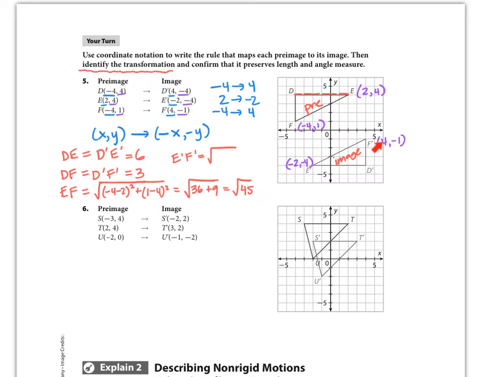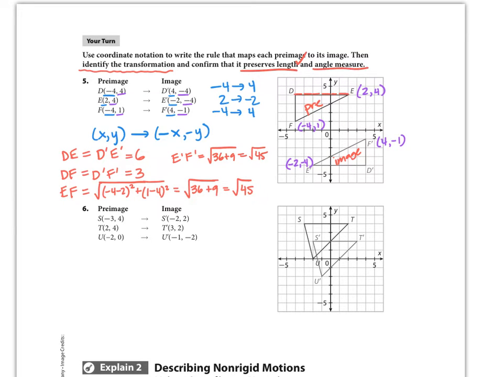Square that is 36. Negative 4 minus negative 1 is negative 3. Square that and that's 9. So I do get 36 plus 9, which is the square root of 45. So that means that EF is equal to E prime F prime. And that means that it preserves length. It does. So I'll just check that off.